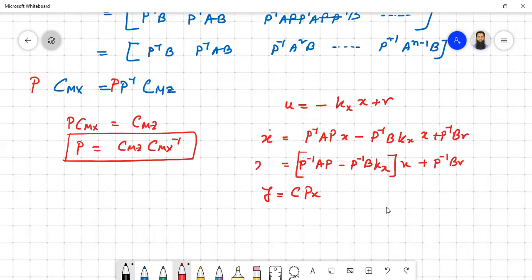Once we have our design done, basically finding the values of KX, we have to convert this system back to the original form, into the Z domain.